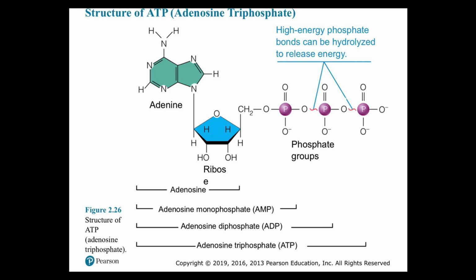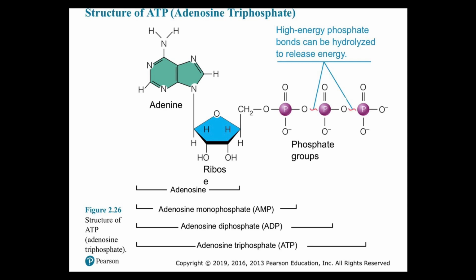It has a ribose sugar, just like RNA, and instead of only 1, it has 3 phosphate groups. So the high-energy phosphate bonds can be hydrolyzed to release energy. That's why it's a high-energy molecule.